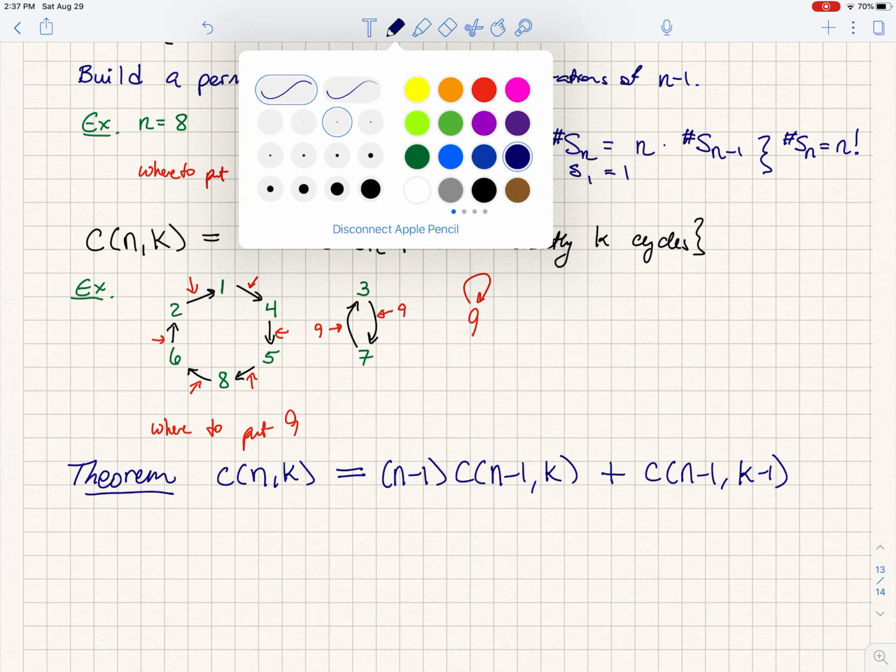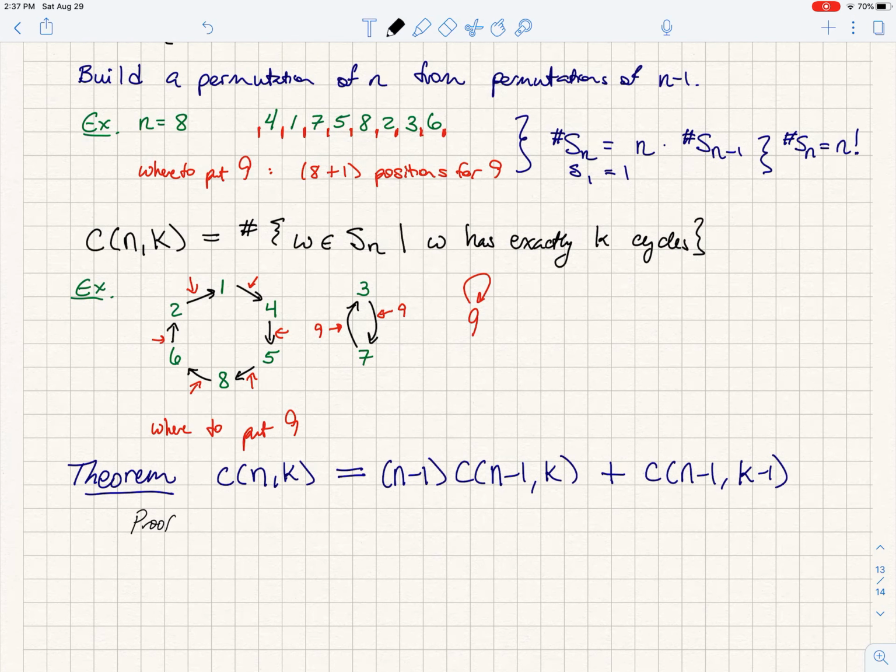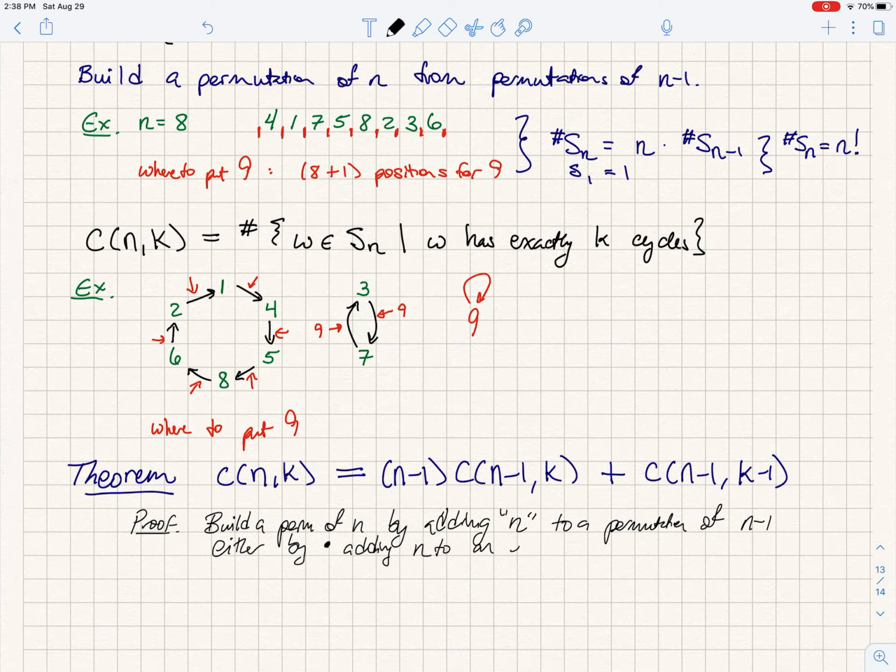And now our proof, if we want to go back and write the proof after we've done the reasoning: we build a permutation of n by adding n, the letter, to a permutation of n minus 1, either by, that's going to be our plus, adding n to an existing cycle, or creating a new cycle for n.